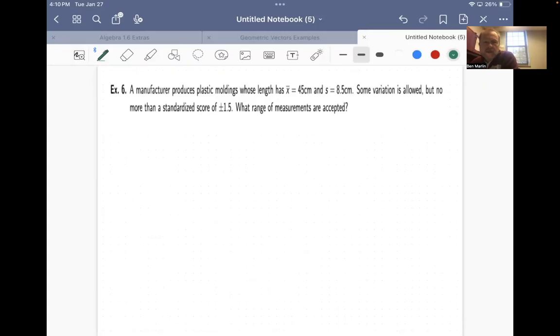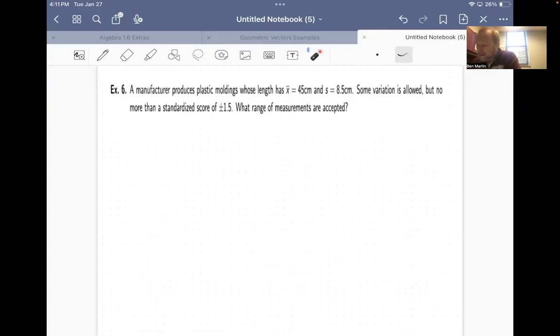So here, this manufacturer is producing plastic moldings, and the length on them is going to have an average of 45 centimeters and standard deviation of 8.5 centimeters. So then we're going to try to figure out, if we don't want it to be more than 1.5 standard deviations above or below the mean, then what is the range of lengths that we actually allow for the plastic moldings?